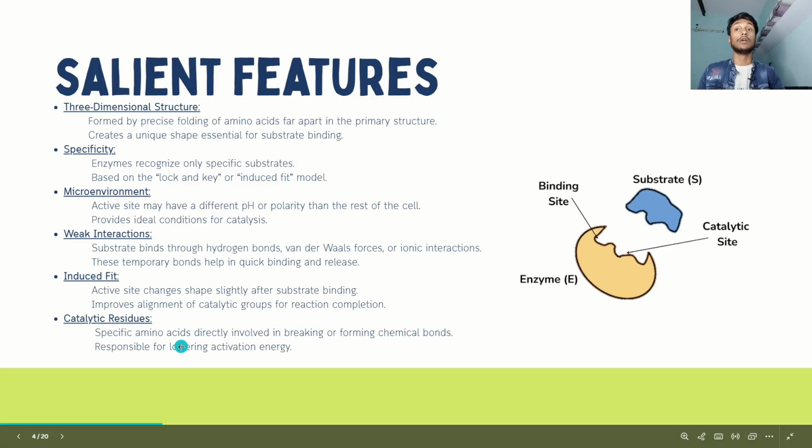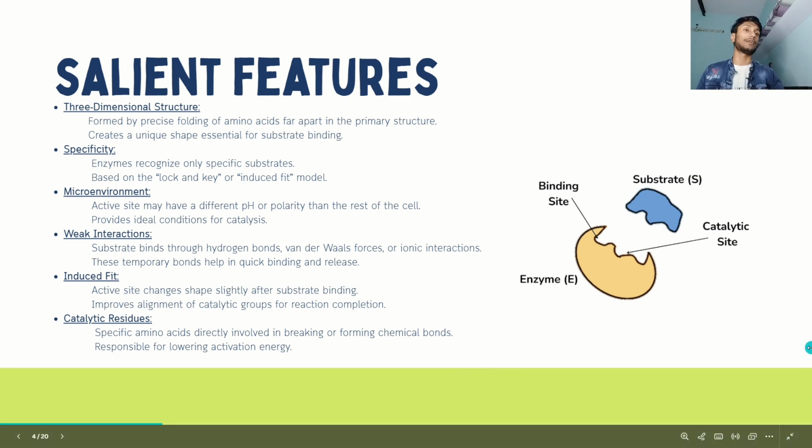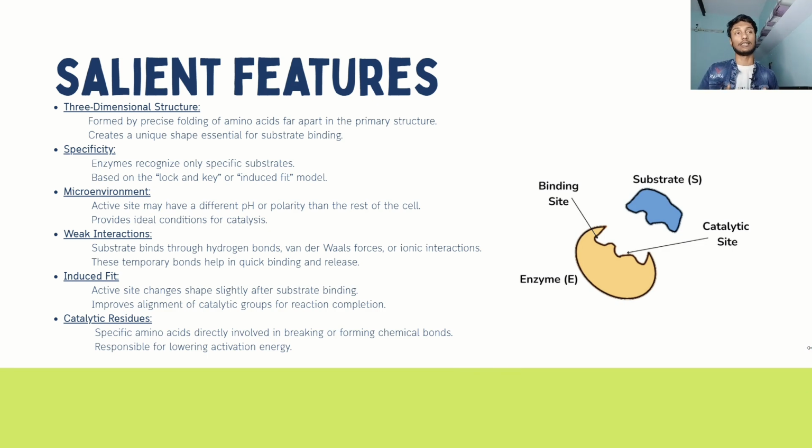Catalytic residues: specific amino acids directly involved in breaking or forming chemical bonds, responsible for lowering the activation energy. As examples, serine acts in serine proteases, histidine acts as an acid-base catalyst, cysteine forms a covalent intermediate. So these are some examples of the catalytic residues.